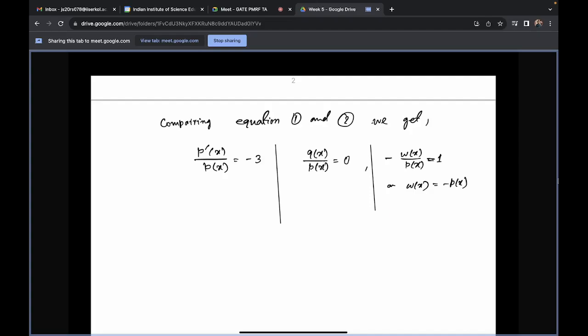From here you will also get q(x) equals 0. If you solve the first one, p dash by p equals minus 3. Integrating, you will get log of p(x) equals minus 3x plus, let me write the constant as log c.